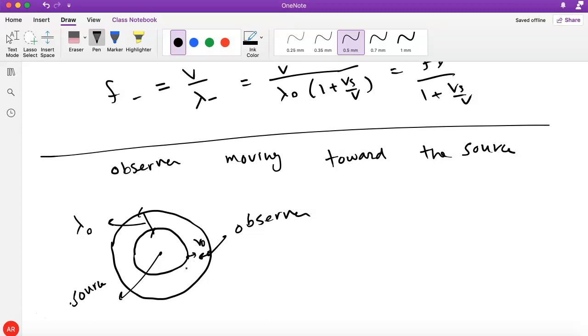This wavefront is moving this way with speed V. So how long is it going to take? Well, the relative velocity is V plus V naught, right? So both of them are moving together. So let's say that distance is lambda.